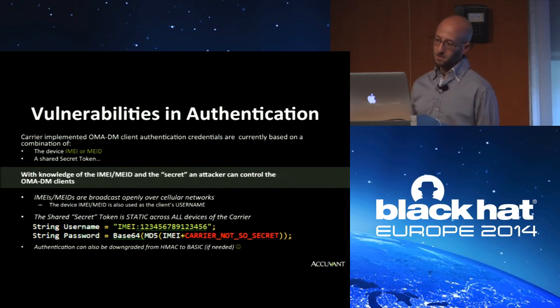That means your IMEI, which is broadcast openly over cellular networks, I can literally sit and sniff it out, and a secret token that is on every device of your carrier, such as in the contents of the ROM, I can now have the credentials for your phone. That's it.